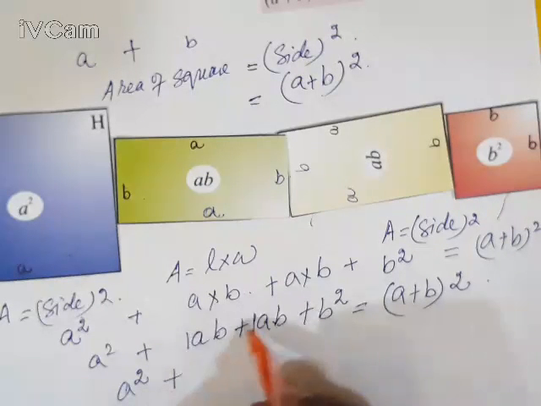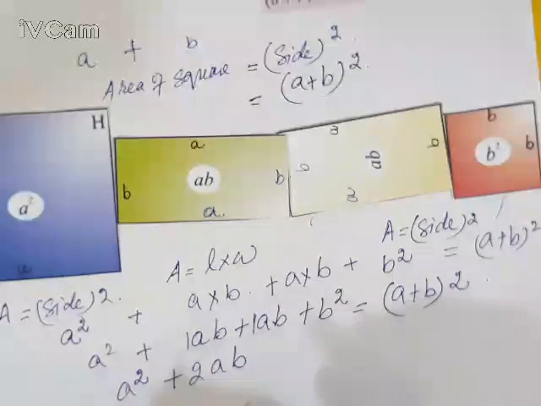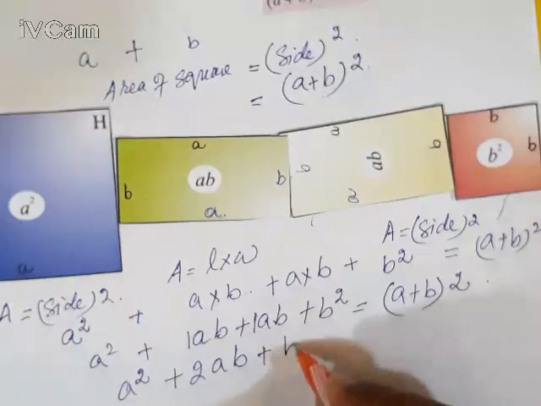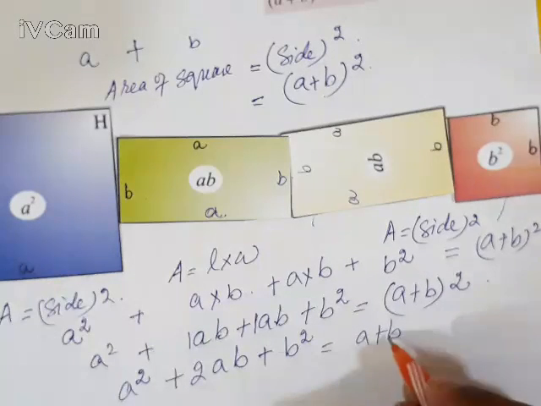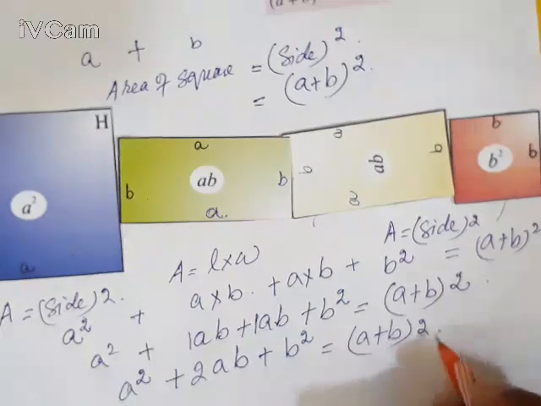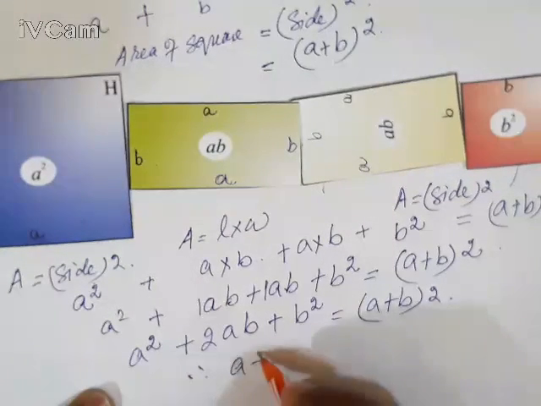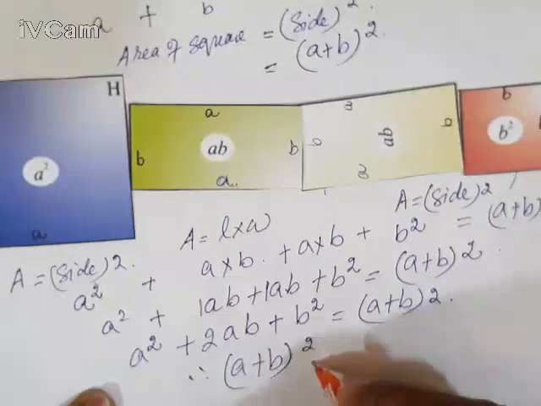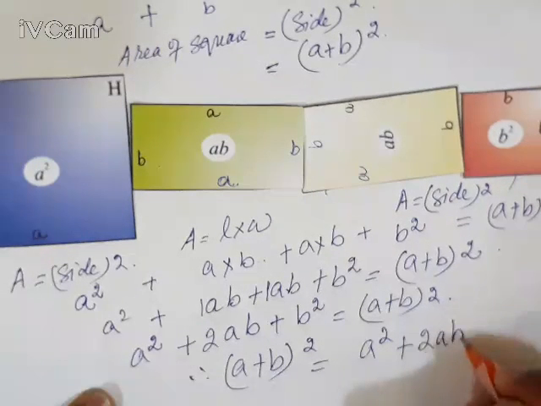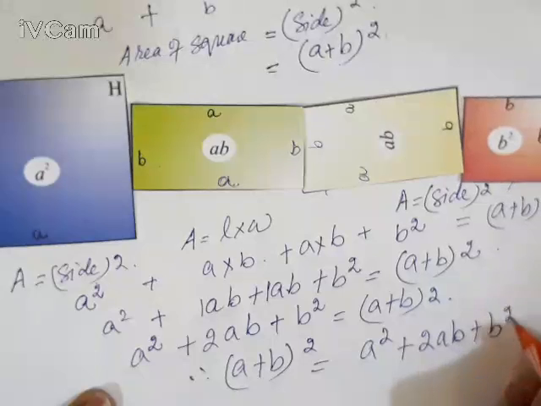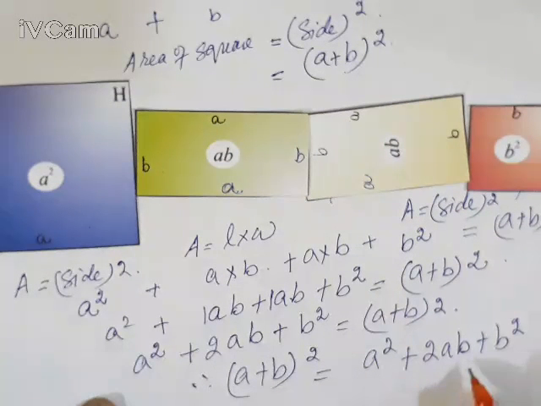So 1 and 1 are added, so it will be 2ab, plus b square equal to a plus b whole square. Therefore a plus b whole square is equal to a square plus 2ab plus b square. So this is our final required proof of the algebraic identity.